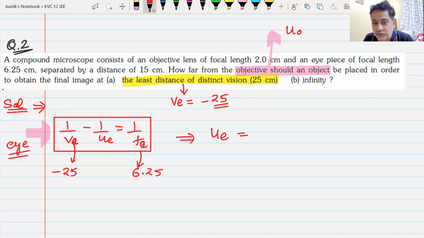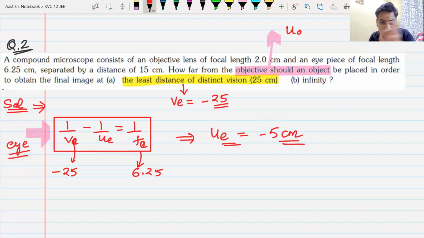What will be the value of UE? Minus 5, sir.